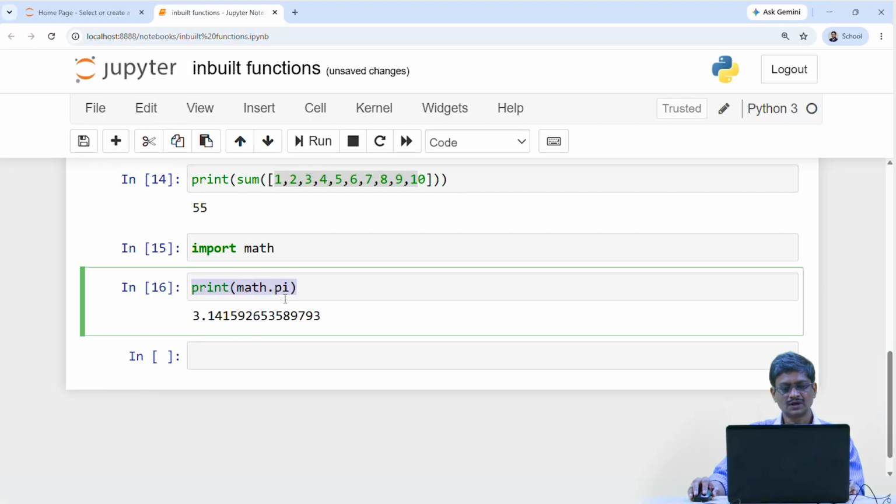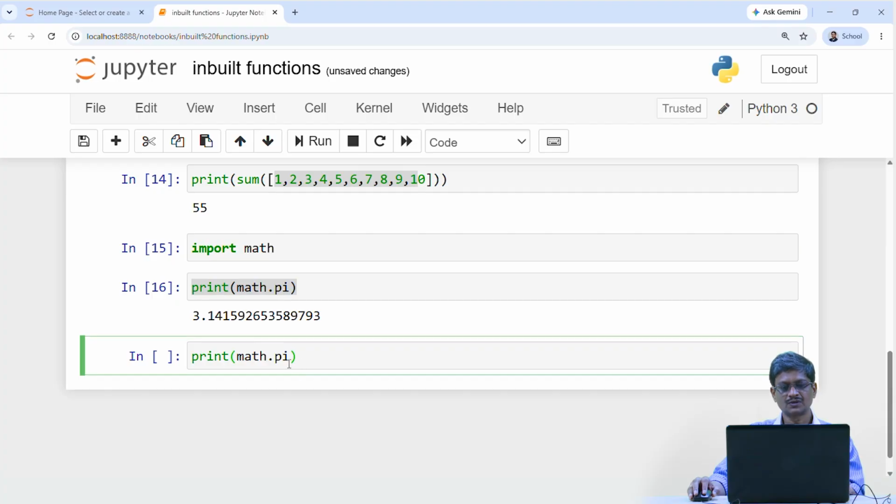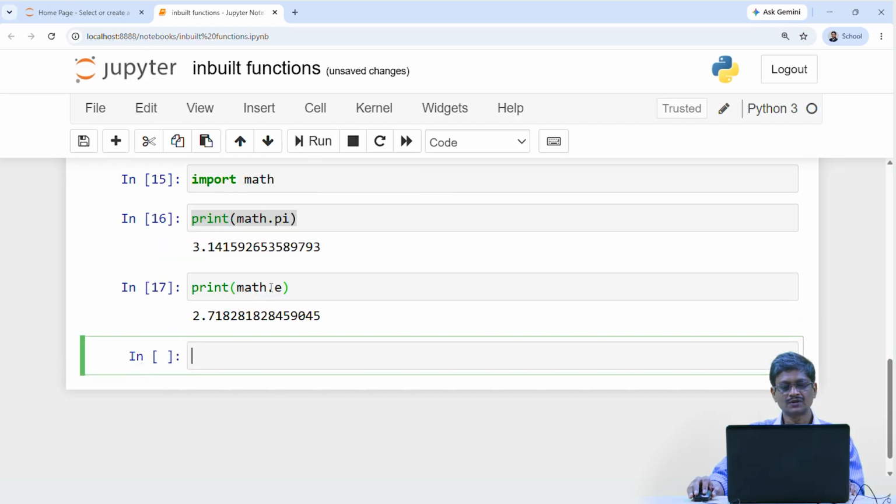Here I'm just copying this and pasting it over here. Now let us see what the value of e is. If I run this, I'm going to get the value of e as 2.7182. Similar to e, we have one more constant called tau. If you execute this, you are going to get this particular value.